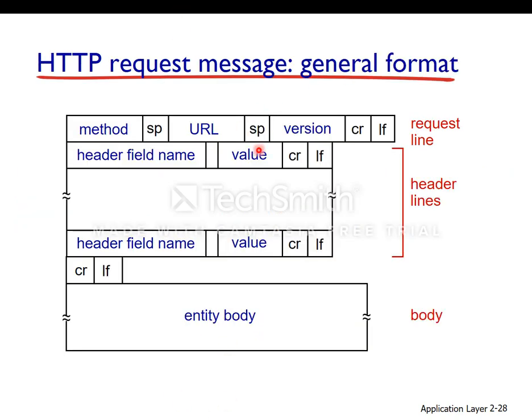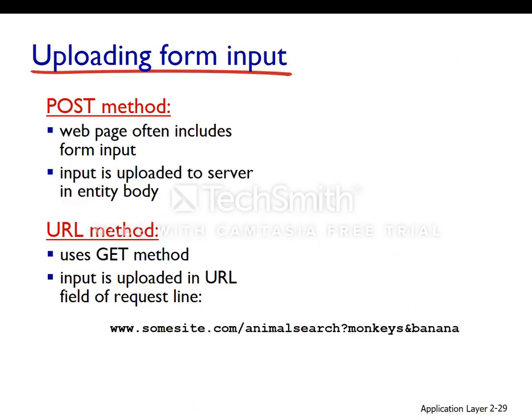Now, this just summarizes the general format of an HTTP request message. Okay, so you have the method, say get or post, space, the file path, space, the version of HTTP we're speaking, carriage return line feed, and then some header field name. Okay, we'll have a colon and then value, carriage return line feed. And so to upload form input, we have a post method or a URL method.